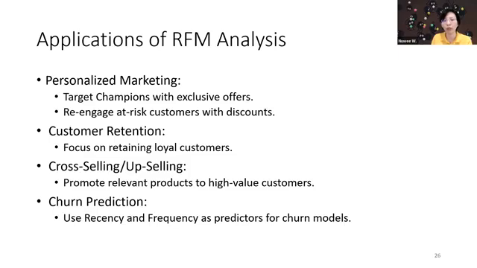Just like when we talk about different algorithms, maybe random forest or logistic regression, to predict whether this customer will leave us, will churn or not churn, right? You can add the recency, frequency, monetary scores into the dimensions so that this will help us predict better, because RFM already reflects the past behaviors of those customers.